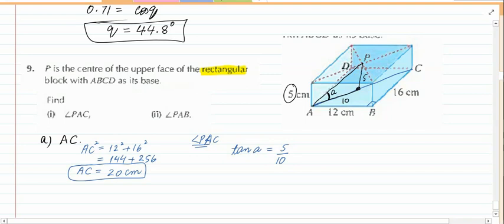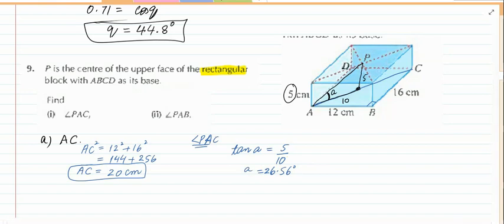So tan inverse of 1 upon 2, that is 5 upon 10, it's 26.56, right? 26.56 is your angle A. I hope that it is clear, not a difficult one.